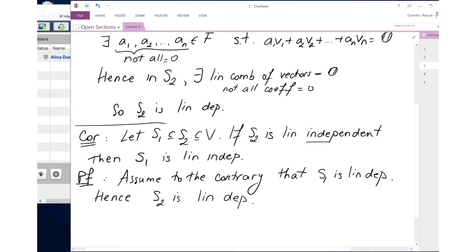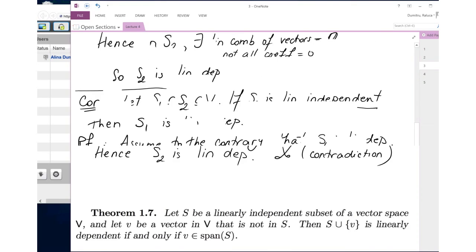But one assumption that we have is that the big set is independent. So this means that it's a contradiction. So the proof is by contradiction. Okay.